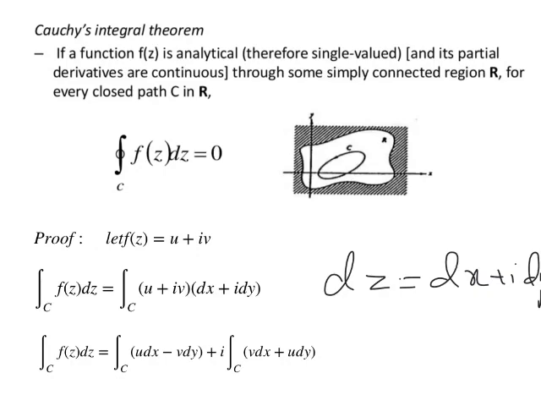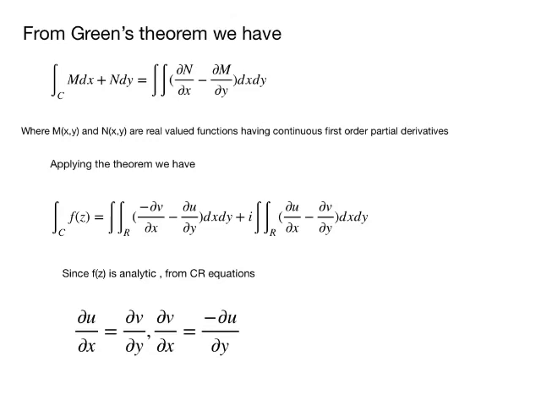Separating the real and imaginary parts, we have from Green's theorem, which we studied earlier, that the integral of M dx + N dy is equal to the double integral over R of (∂N/∂x − ∂M/∂y) dx dy, where M(x,y) and N(x,y) are real valued functions having continuous first order partial derivatives.